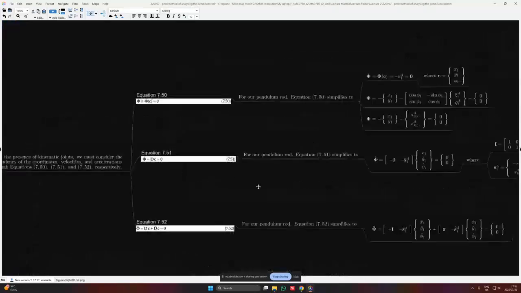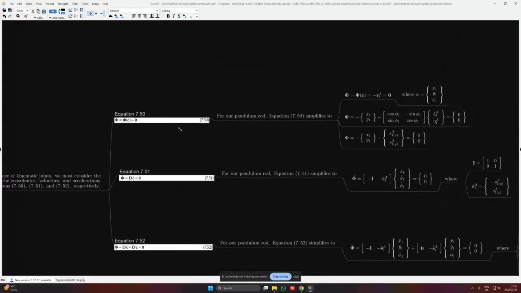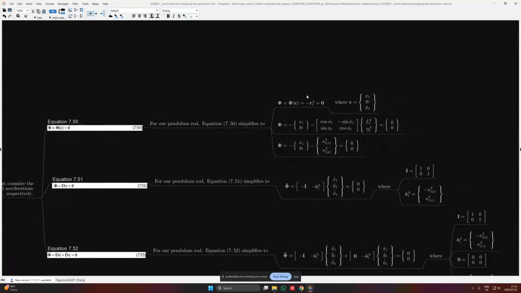Now, starting off with equation 7.50, for our pendulum rod, equation 7.50 can simplify to this form that we have over here. Phi is simply equal to minus R1A. This we saw from the previous section. And then C is simply our centroidal positions that we have available over here, x1, y1, and phi1. Phi can also be expanded, so this minus R1A is expanded in accordance with what we looked at in the previous section, and I end up with this equation.